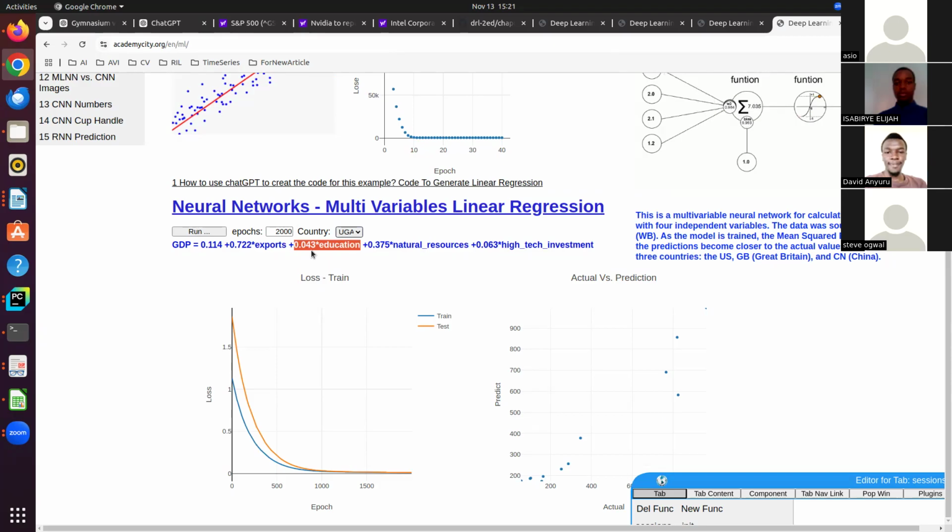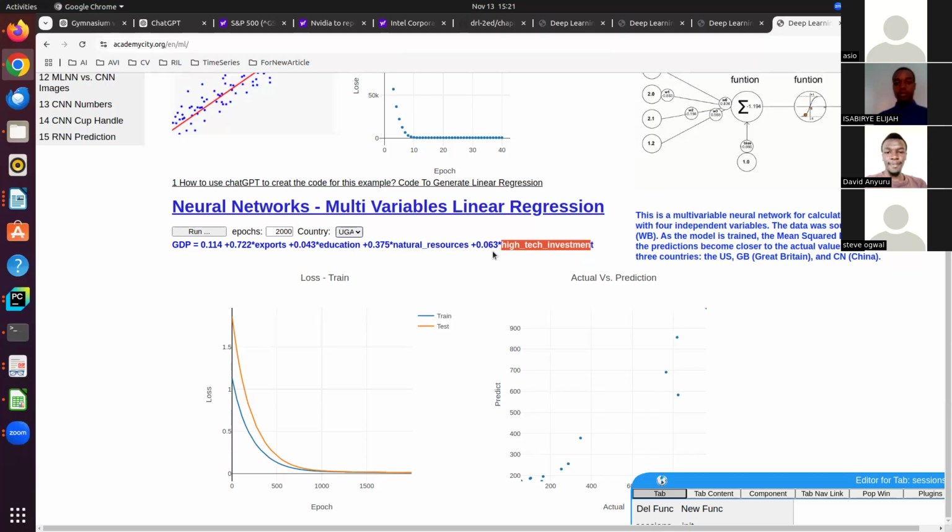It has a small amount, 0.04, it's kind of 4%. On the other hand, export has almost 70%. You can tell natural resources are very important in Uganda to expand the GDP. And when we look at the high tech, it has a higher value than the general education, which makes sense. Still, it's not really that high.